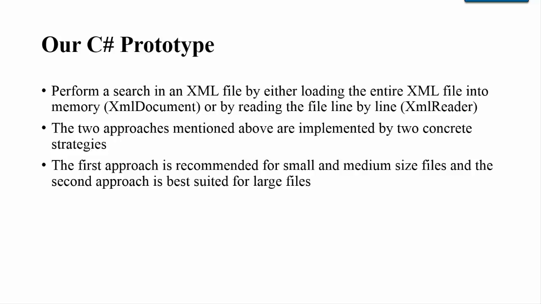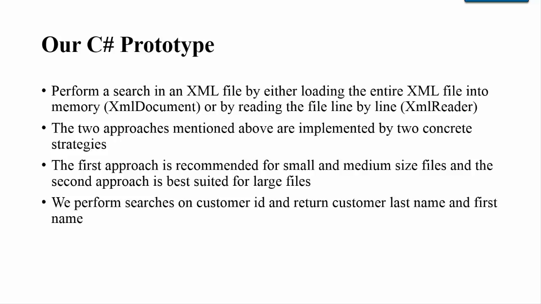The second approach is best suited for large files where an XML reader reads line by line, and when it finds a match, it returns the matching XML element. In our example, we are going to be doing customer ID search, and then we'll return customer name, which will be a concatenation of last name and first name.